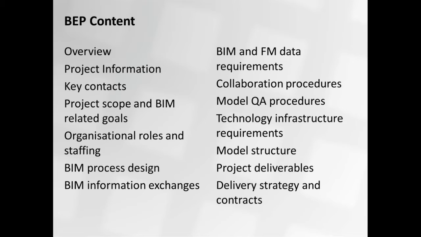What deliverables are available at what stage, and also what are the contracts that occur between the client and the team, or maybe the tier one, the main contractor, and also what possible contracts are available between the main contractor and subcontractors.